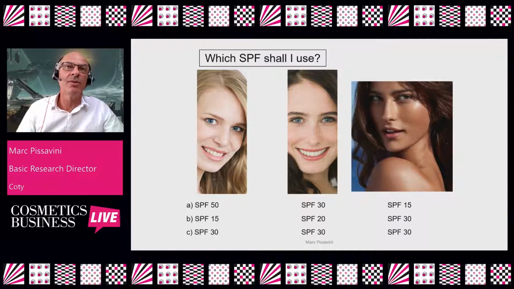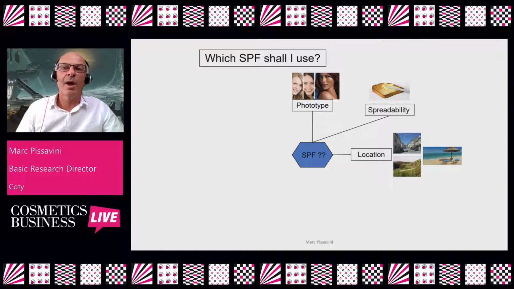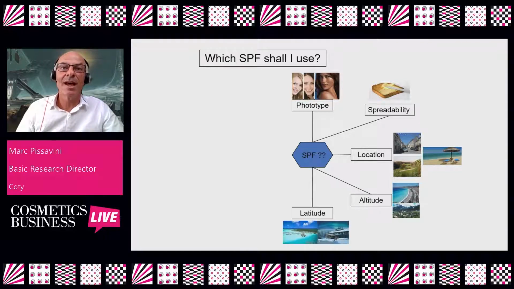I cannot tell you which SPF I should propose to this lady. Why? Because to know exactly the SPF that I should propose, I should know, of course, the phototype, but not only the phototype. I should also know how you spread the product onto your skin. Where are you going? The location, the altitude, the latitude, but also the weather.